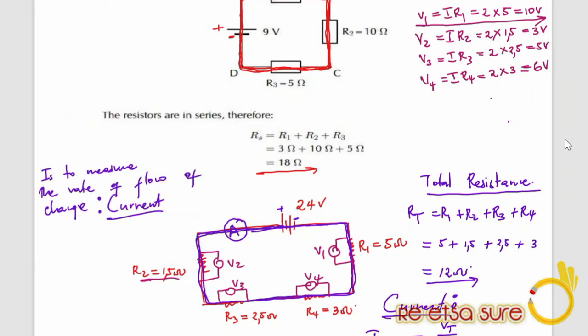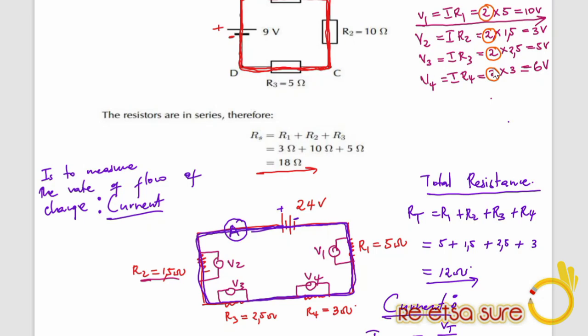I want to show you something. For V1, what is our current? It is 2. For V2, what is our current? It is 2. For V3, what is our current? It is 2. For V4, what is our current? 2. What does this tell you?